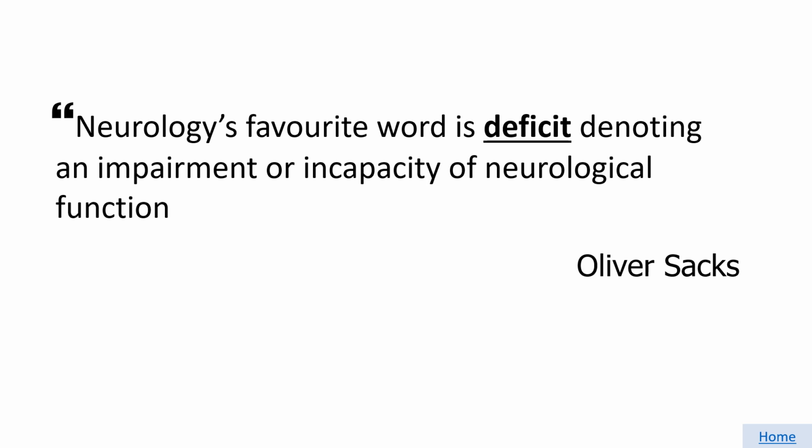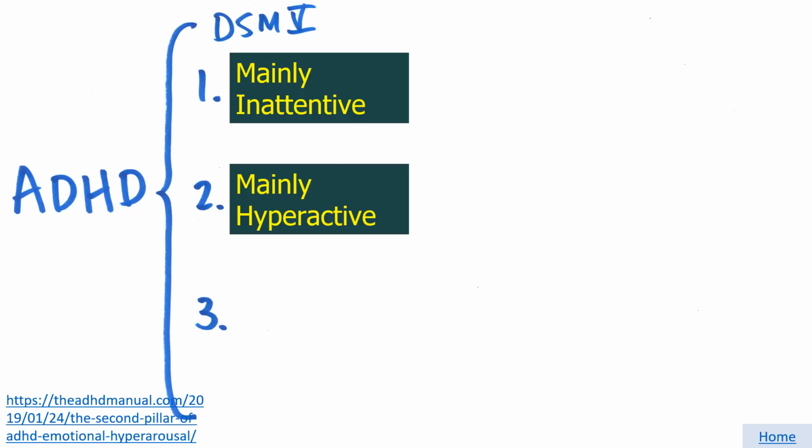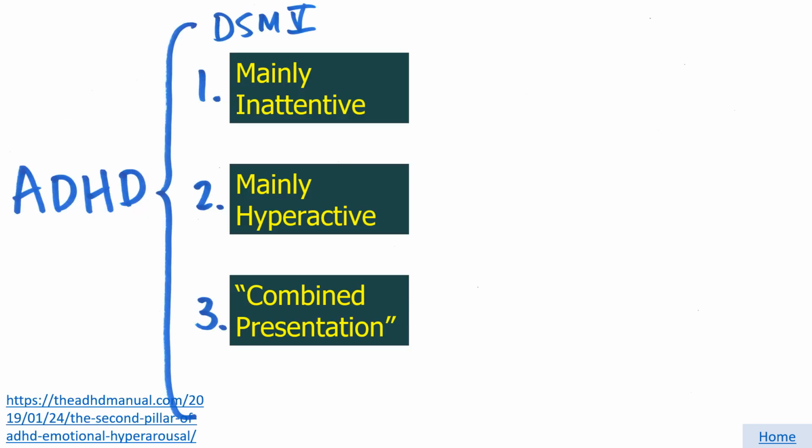Oliver Sacks, a famous writer, said neurology's famous word is deficit, denoting an impairment or incapacity of neurological function. Terrible term for this thing. And if we look at the manual in the latest edition, there are 3 types: mainly inattentive, mainly hyperactive, and what they call the combined presentation.